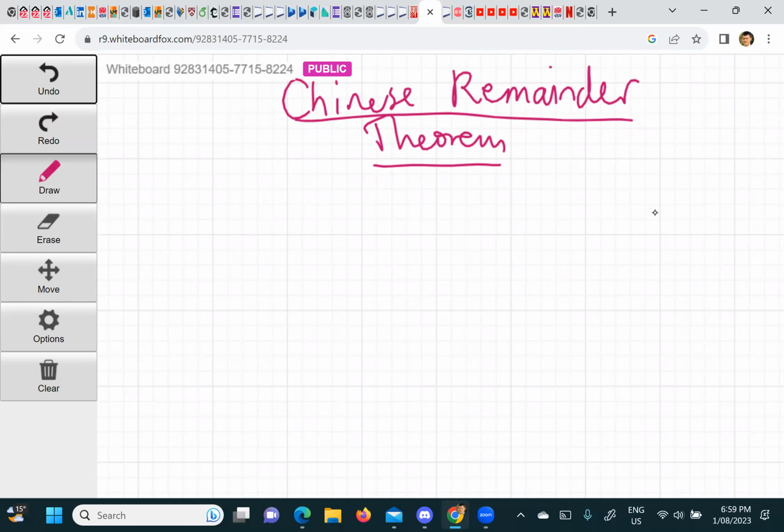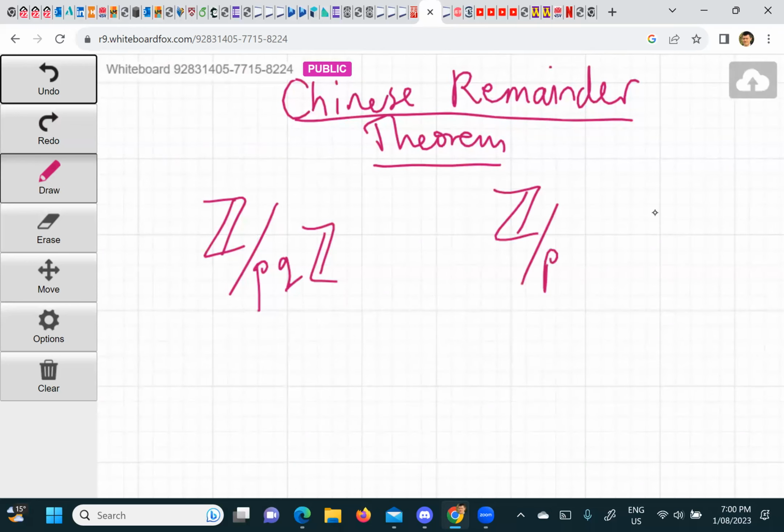The modern version of the Chinese remainder theorem is this. Look at the set of integers mod pq, and then look at the set of integers mod p paired with the set of integers mod q.